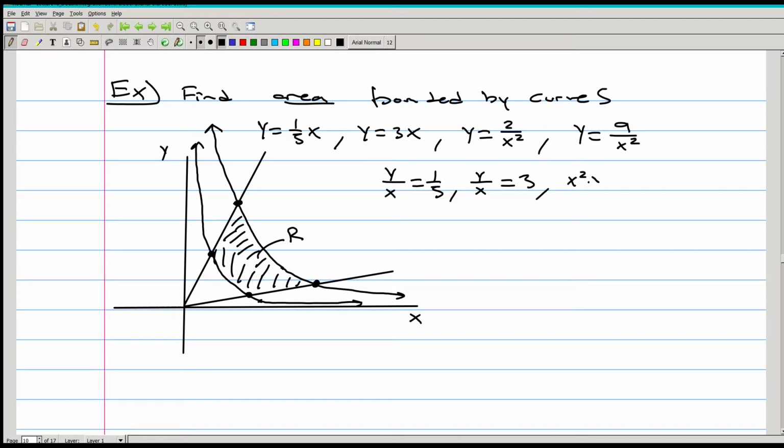X squared times y is equal to 2, and x squared times y is equal to 9. We have exactly what our new coordinate system should be.